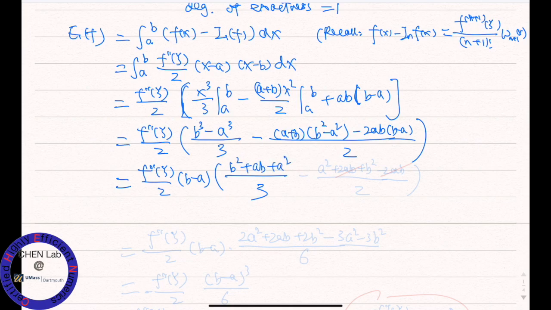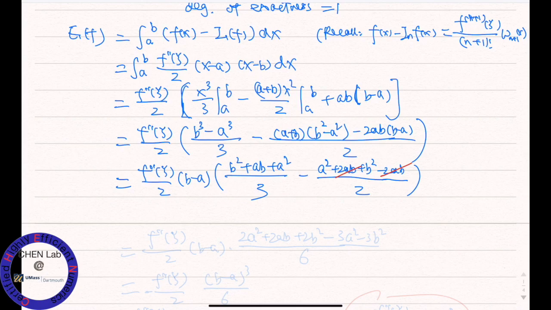And then we are going to get, from b squared minus a squared, factor out b minus a, you have b plus a, which is a squared plus 2ab plus b squared. And then we have minus 2ab, from the factor of 2ab times (b minus a). Of course, we're going to cancel that 2ab.